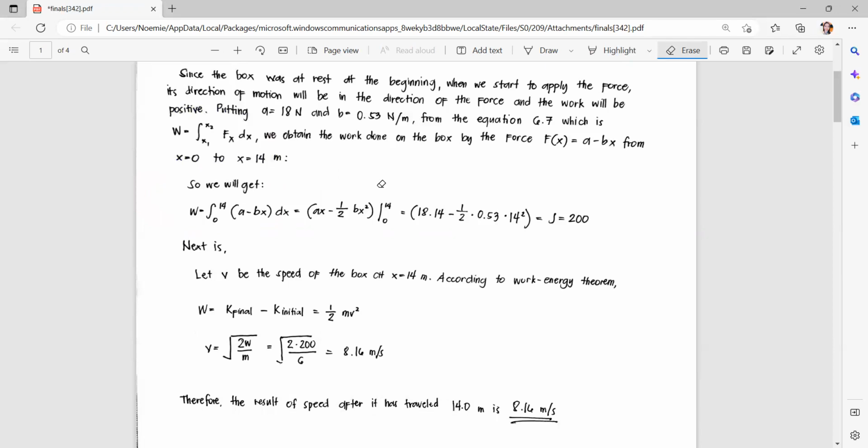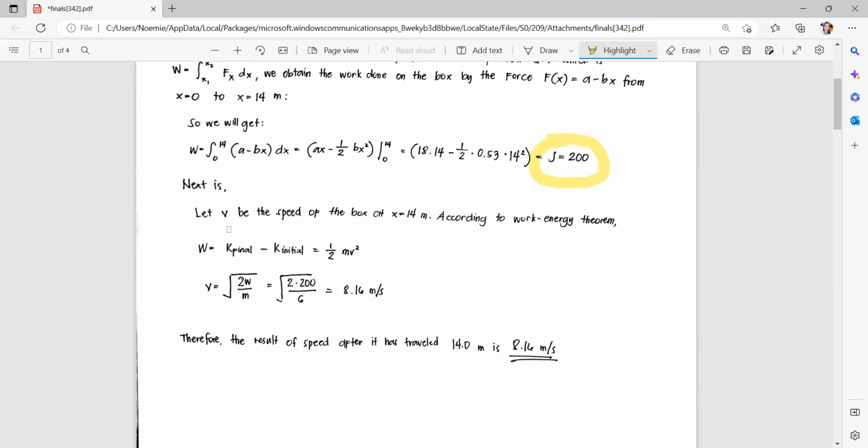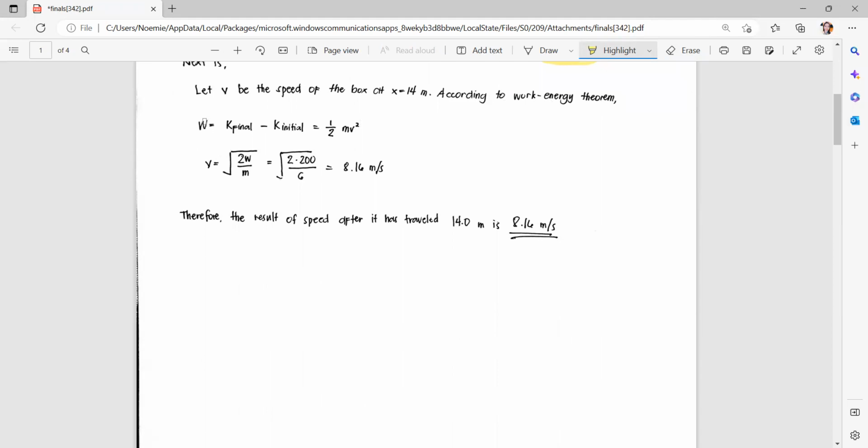So plugging in the values, we will get this result, which is 200 joules. So next, let V be the speed of the box at x equals 14 meters. According to the work-energy theorem, work is equal to K final minus K initial, which equals 1/2 m V squared.